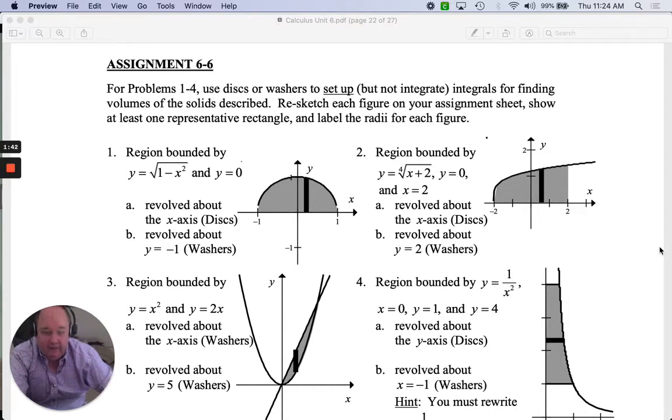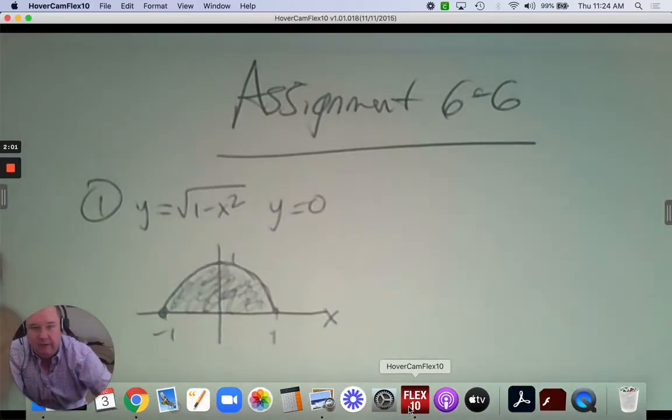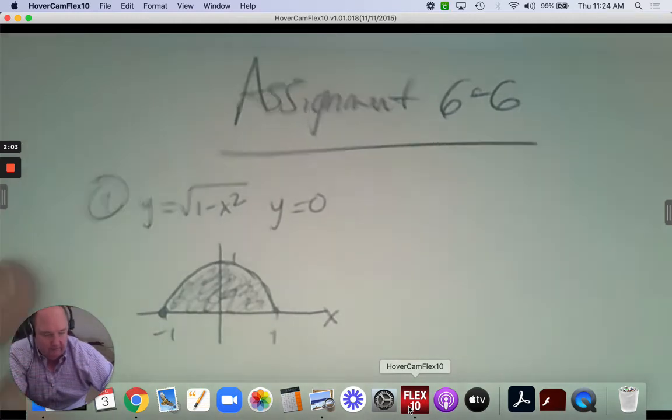And it says, take and revolve that base of a semicircle, revolve it around the x-axis. So there I drew it again.